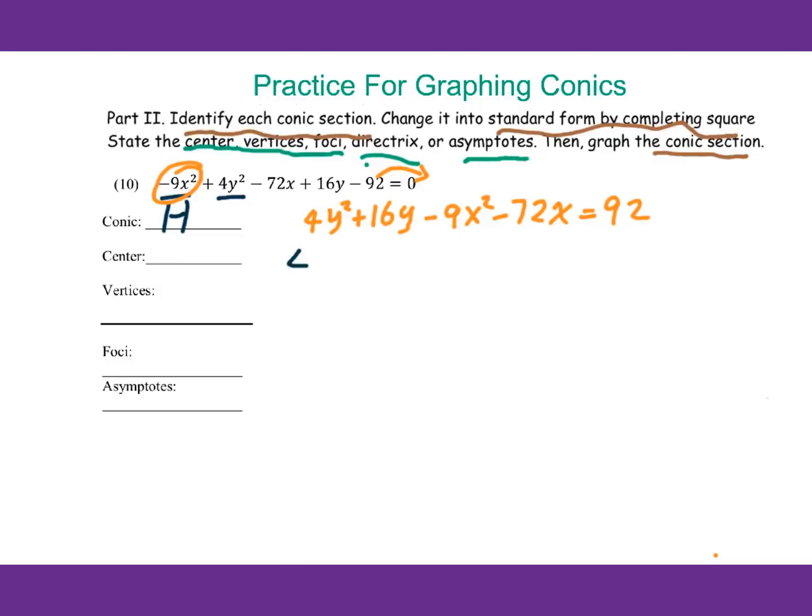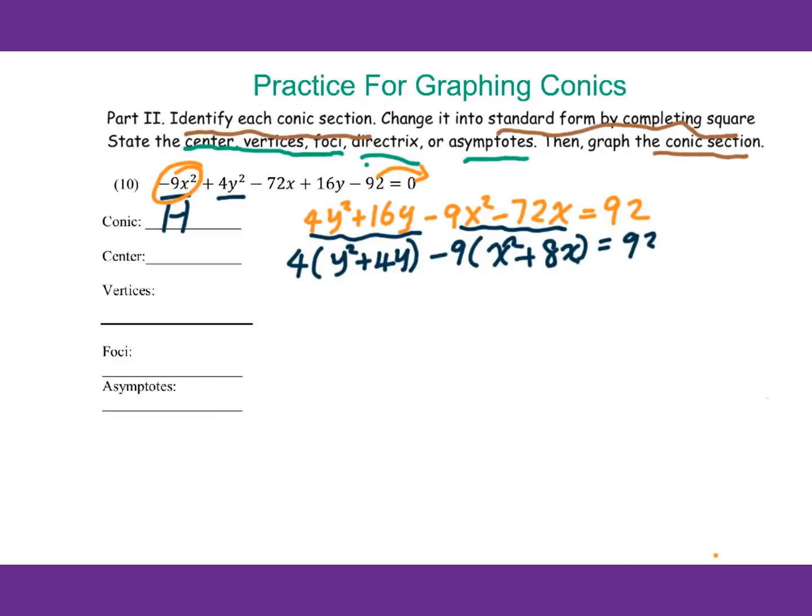Then we put the 4 outside for y squared and y. We got 4 times y squared plus 4y, minus 9 times x squared plus 8x (negative 72 divided by 9 is positive 8x), equals 92. Then I need to do the completing square.